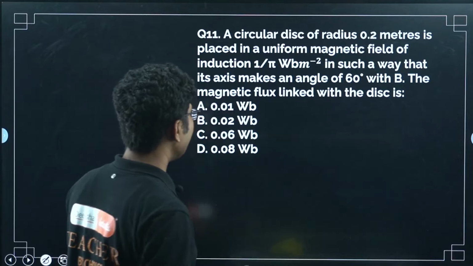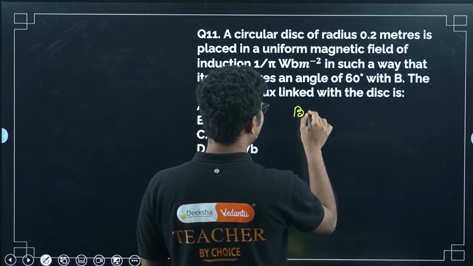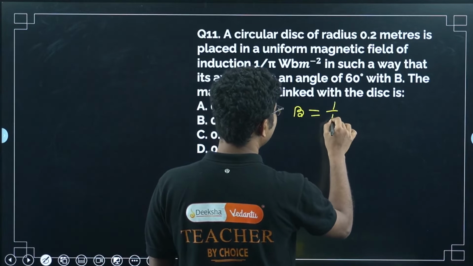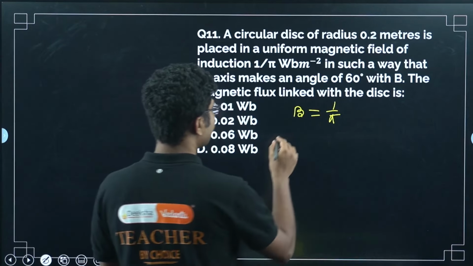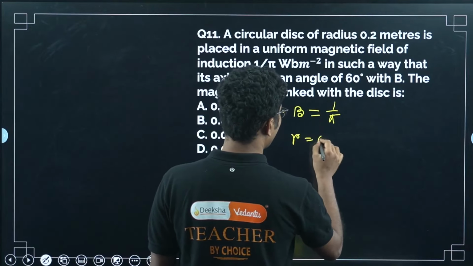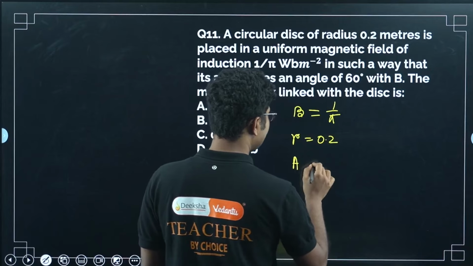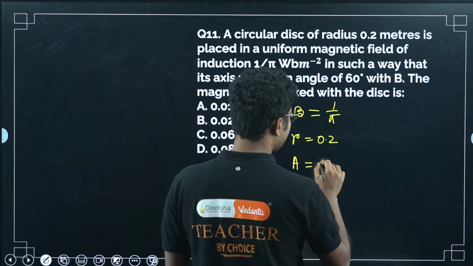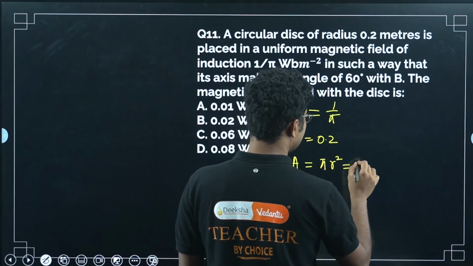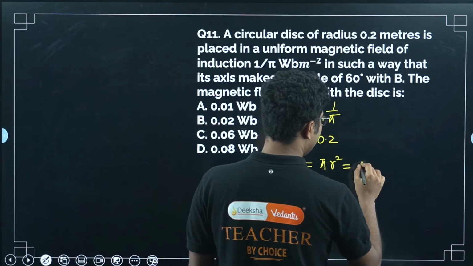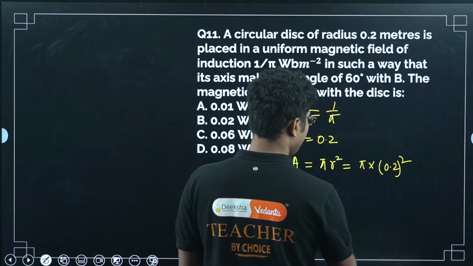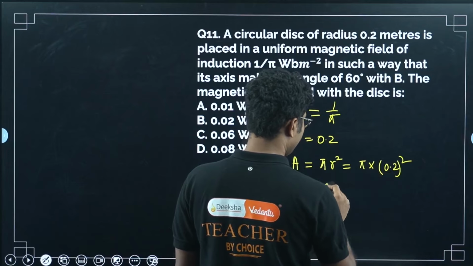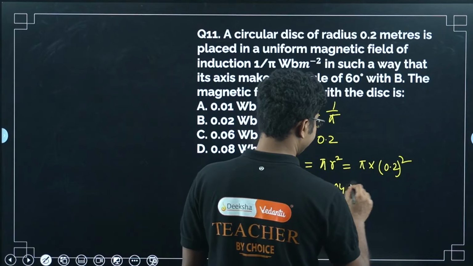So we know that magnetic field is given by 1 by pi, okay, and radius of the disc is given 0.2. So area is given by pi r square, that is pi times 0.2 whole square, 0.04 pi.